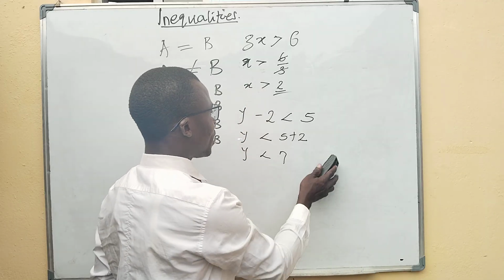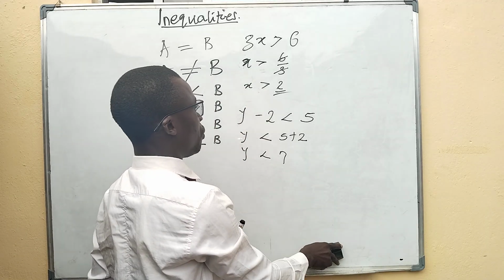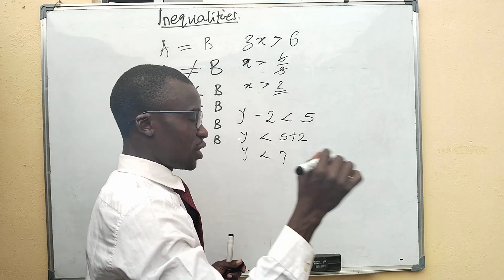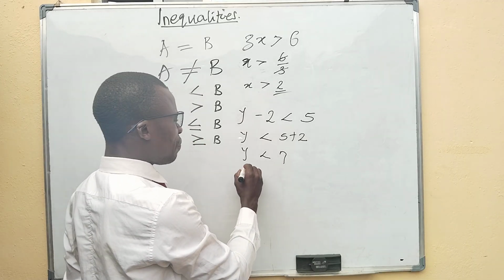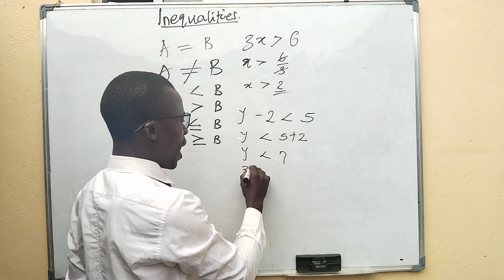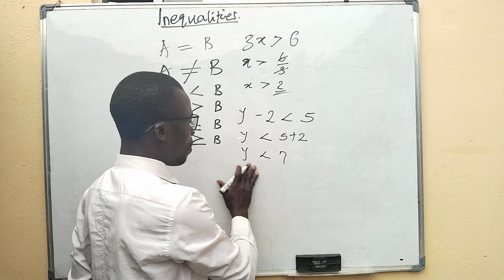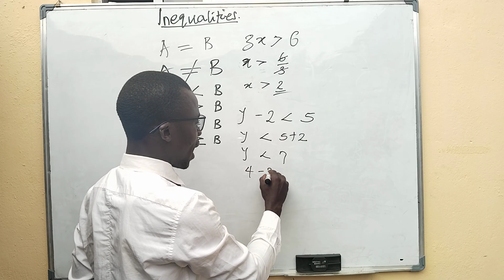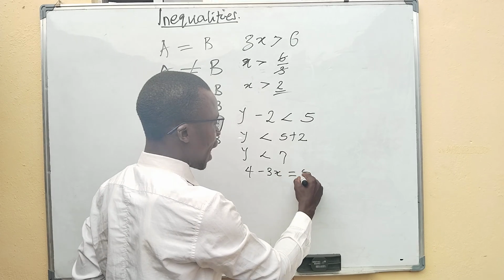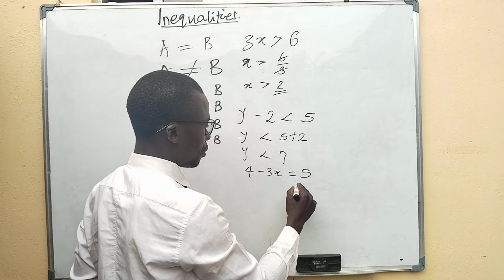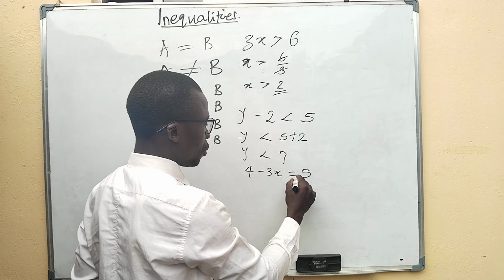Then the next example: what if I have 4 minus 3x is less than or equal to 5?